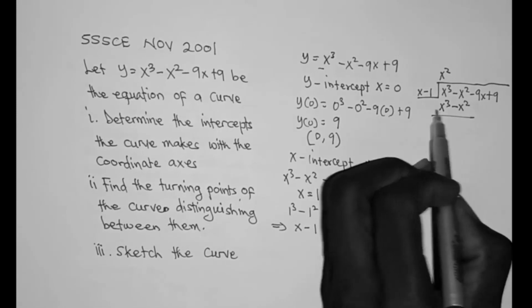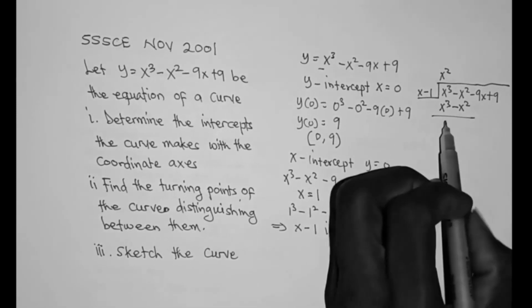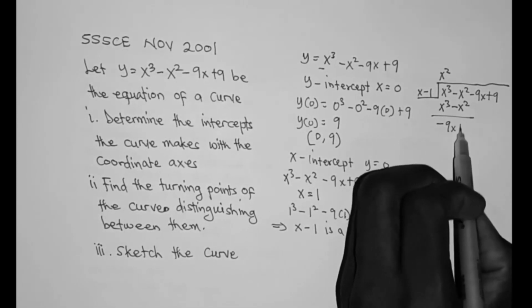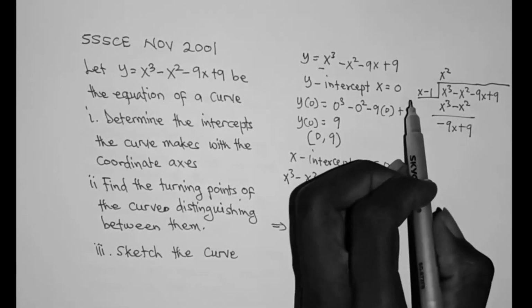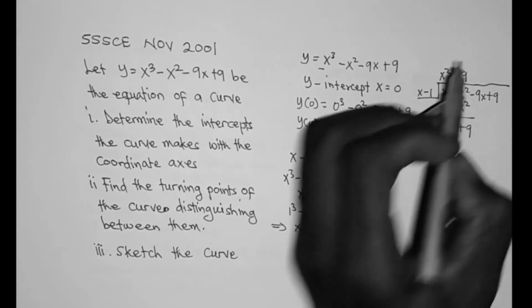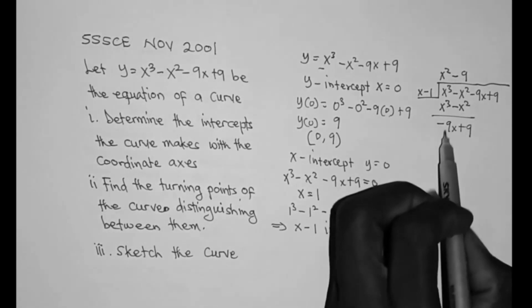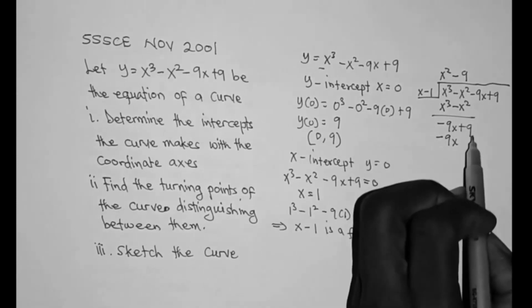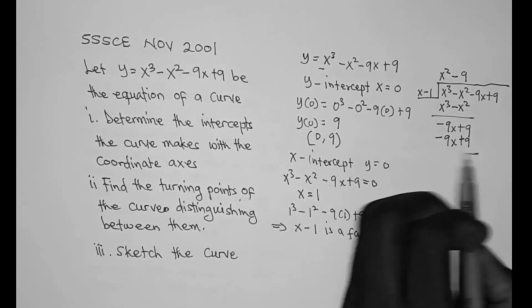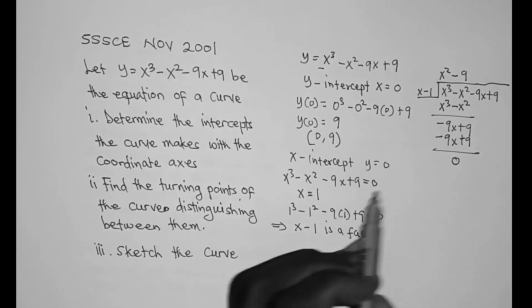When you subtract, this side goes to 0. So we are left with minus 9x plus 9. Minus 9x divided by x is minus 9. Minus 9 times x is minus 9x. Minus 9 times minus 1 is plus 9. So if you do this subtraction, we'll get 0.